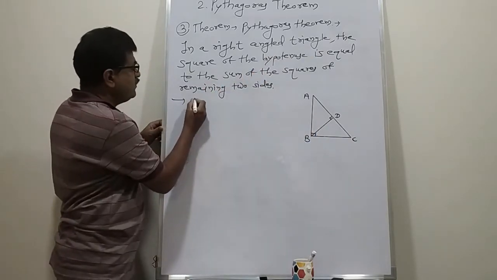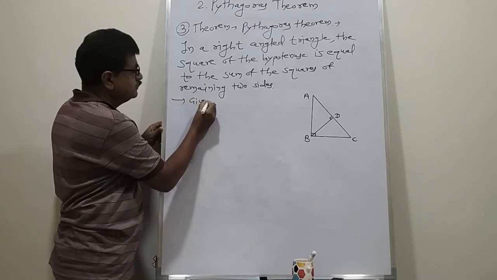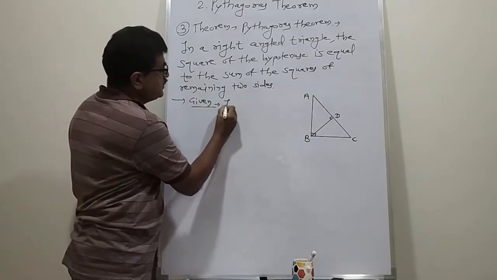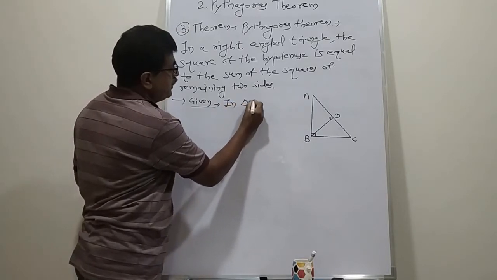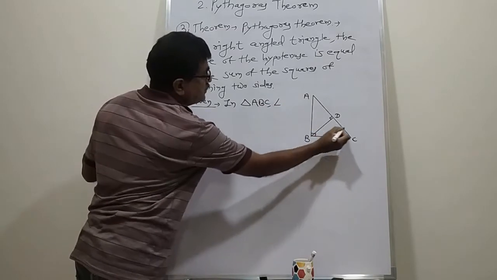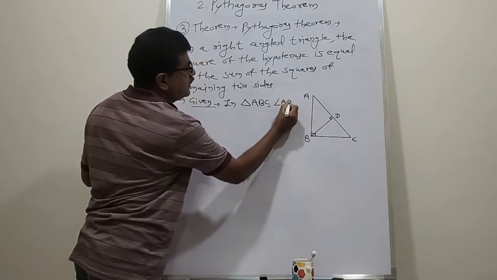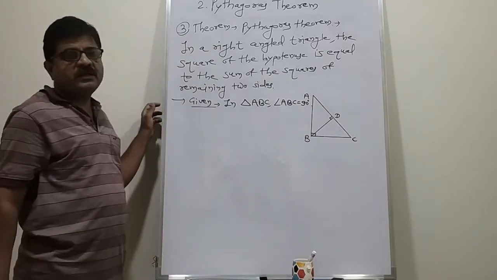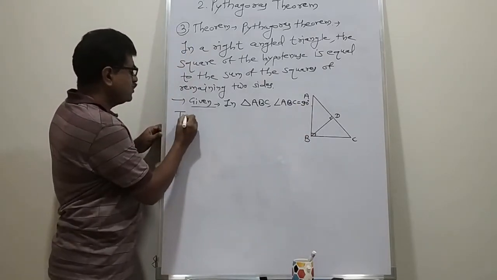Now first write down given. In triangle ABC, angle ABC is equal to 90 degrees. This is given.